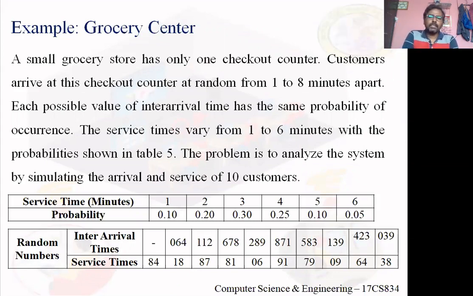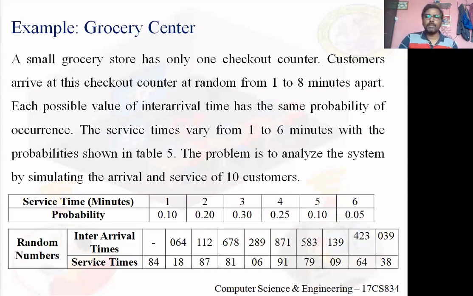It means the probability that service time will be 1 is 0.1, so 10% of customers will have service time 1 minute. Similarly, the probability that service time will be 2 is 0.2, so 20% of customers will have service time 2 minutes. The probability that service time will be 3 minutes is 0.3, so 30% of customers will have service time 3 minutes.